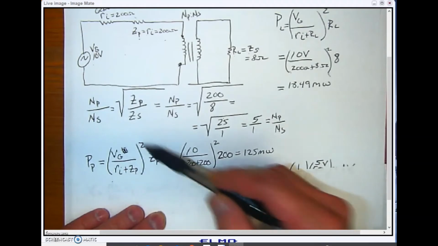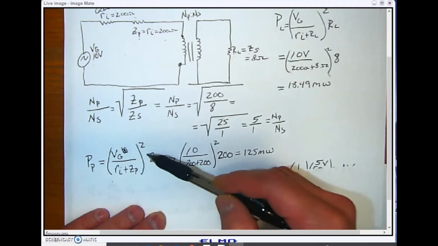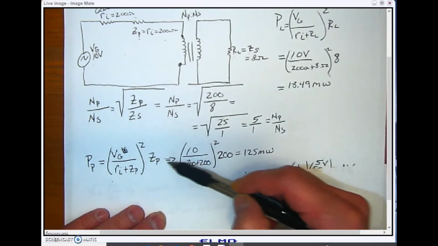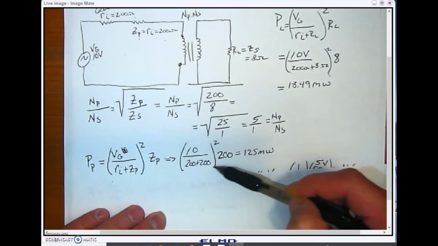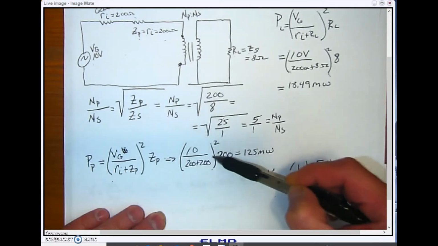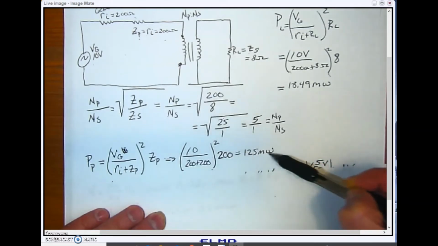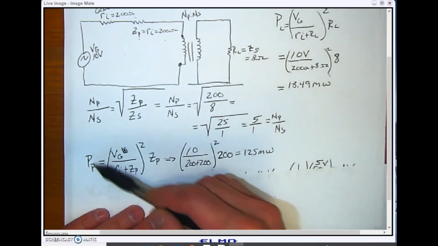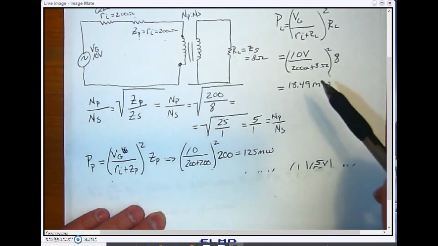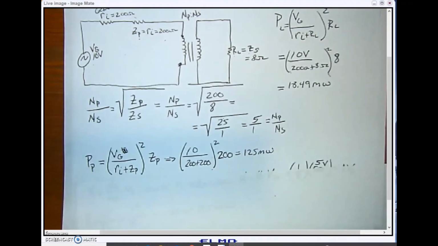So this whole expression is squared, times ZP. That gives us 10 over 200 plus 200, which is 400, and we square that, times 200, which gives 125 milliwatts. So that's our power in the primary. We want to know what our power in the load is, and we want to see if it's going to match up at this point.